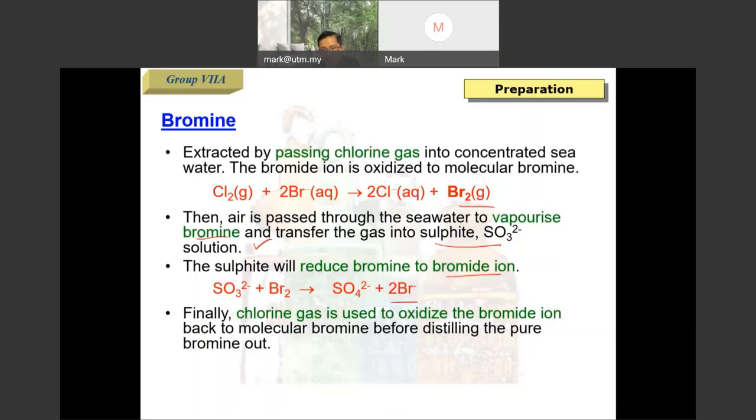Finally, chlorine gas is used again to oxidize the bromide ion back into molecular bromine before it is distilled. At different temperatures, the pure bromine can be distilled out of the compound.